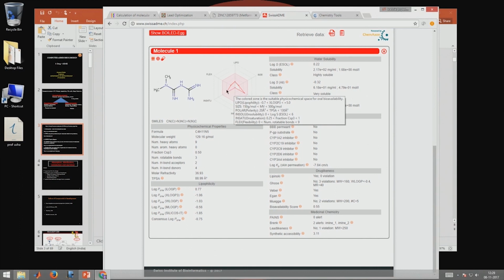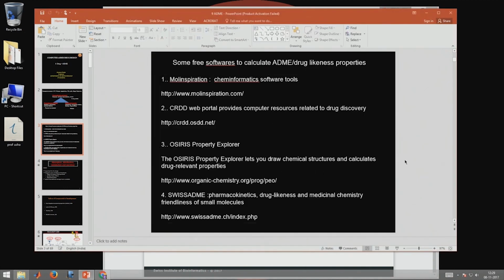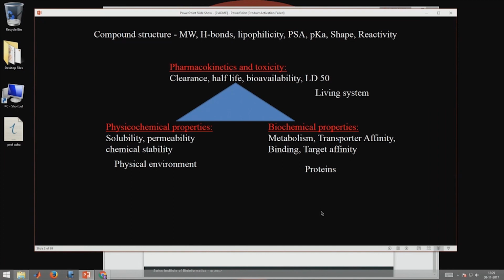If one of the properties falls outside, you may have a structure which looks different. So the Swiss ADME is also a good software for predicting a lot of properties. So all these softwares are good for calculating properties. As we go along, we will see more of that. Okay.